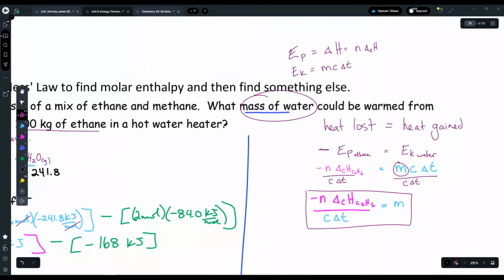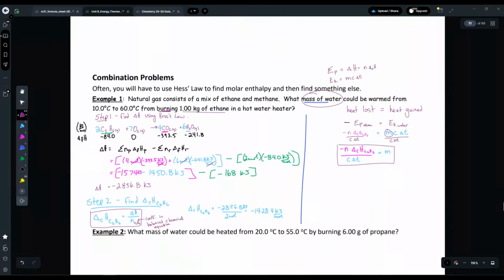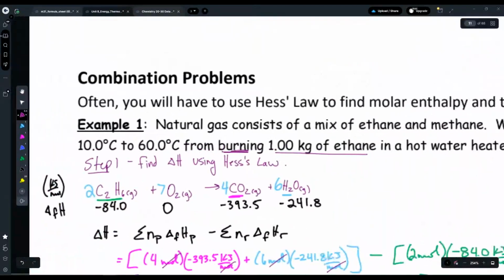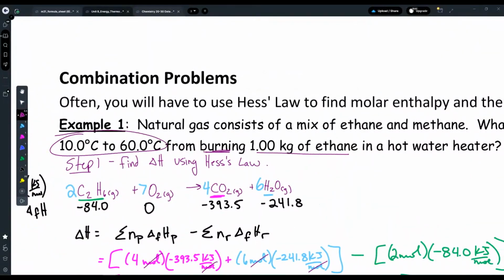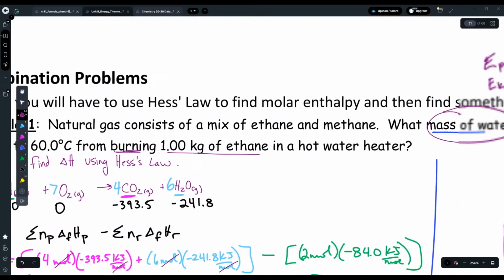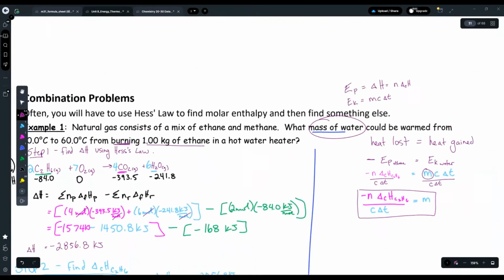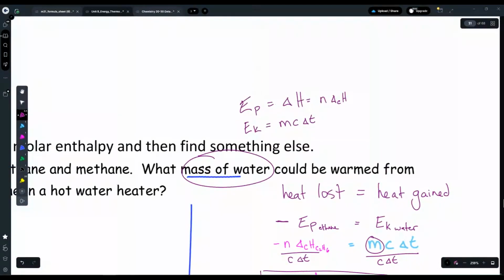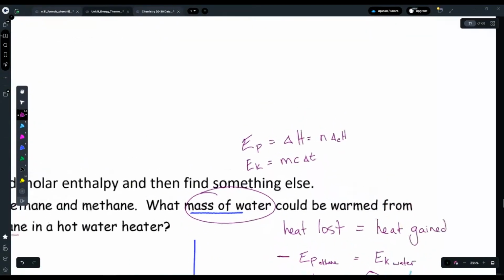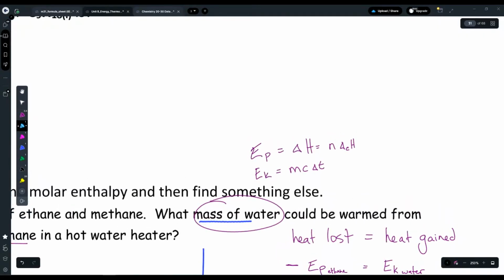Now, looking at what we have already, it looks like we've got our change in temperature: 10 degrees to 60 degrees. I'm going to have to write this up here because I don't have a whole lot of space.